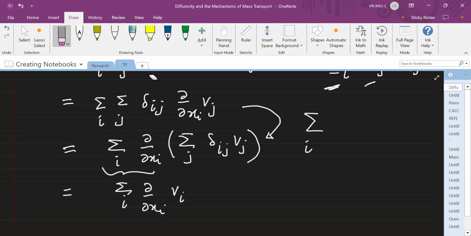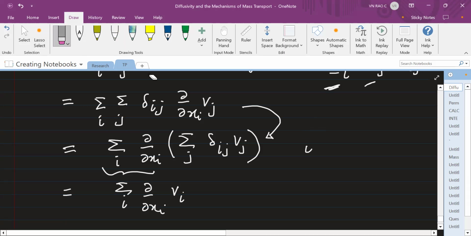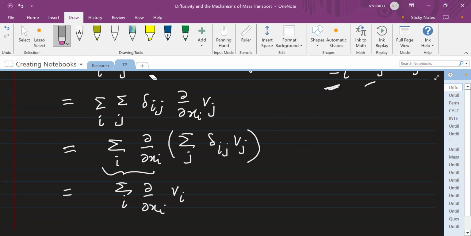There is nothing wrong here. You can look at the picture this way and proceed. Here, with the Kronecker delta, this portion which is not repeating the index i can be written as vi instead of sigma j delta ij vj. This is from the Einstein summation principle.